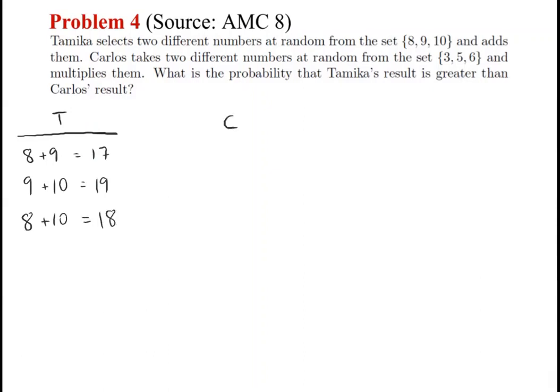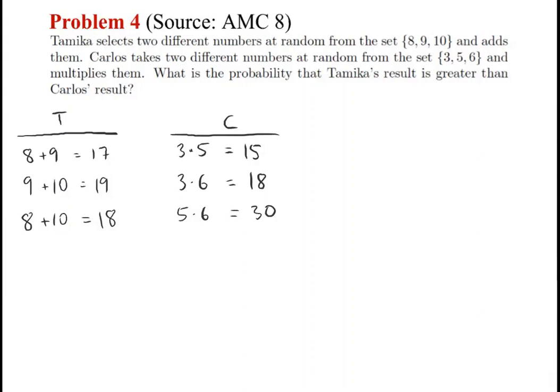We can do the same thing for Carlos. Carlos can select 3 and 5, multiply them together, and he'll get 15. 3 and 6, 18, and then 5 and 6, and that will give him 30.